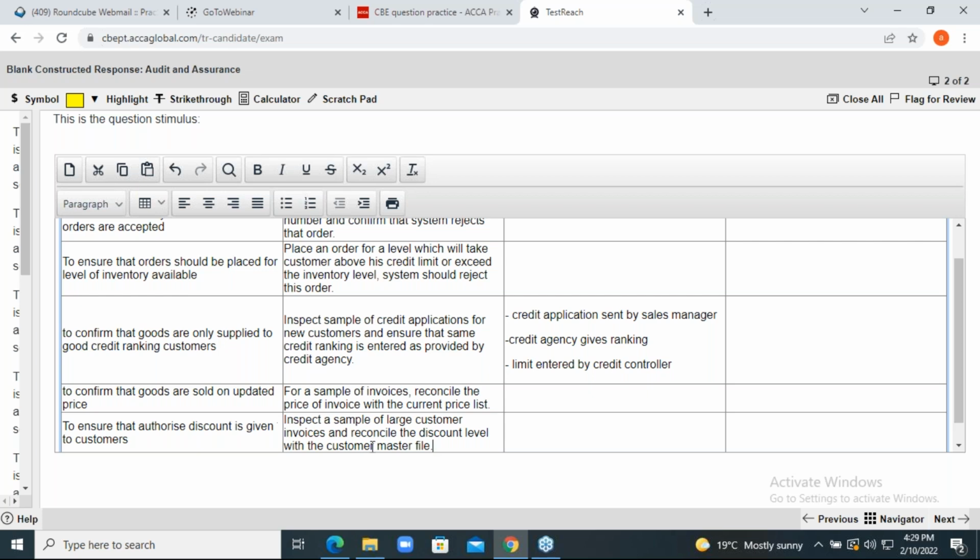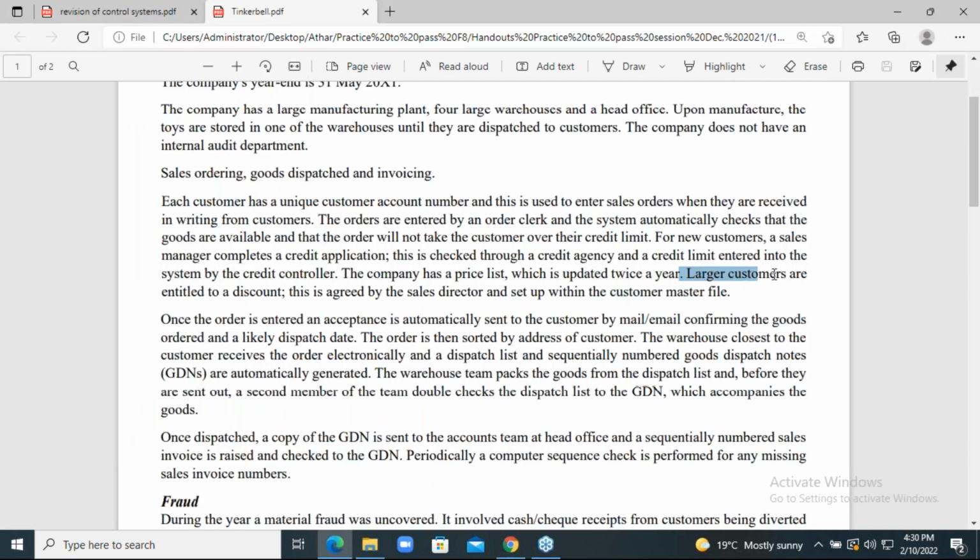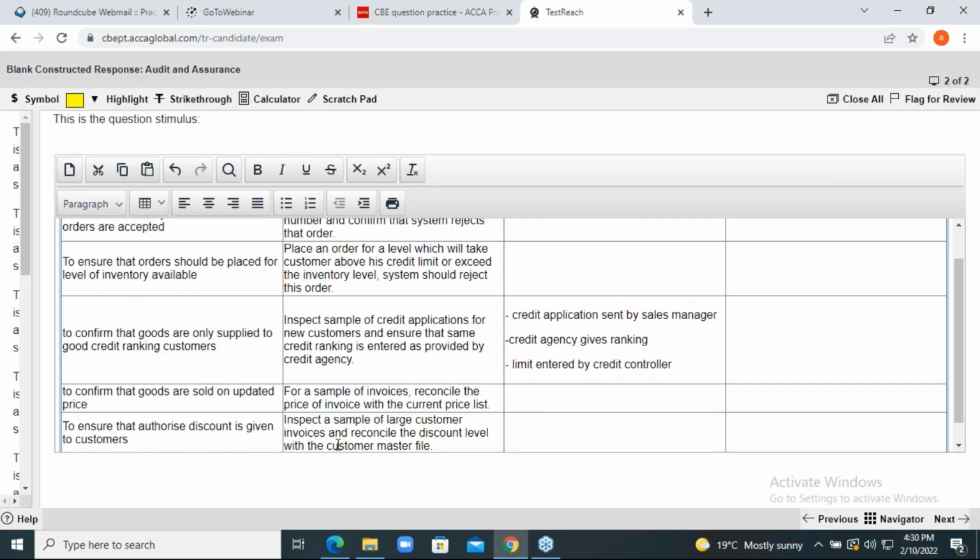Now this is how you can write a test of control easily. We started with the first step of the process, large customer invoices, and we ended at the customer master file.